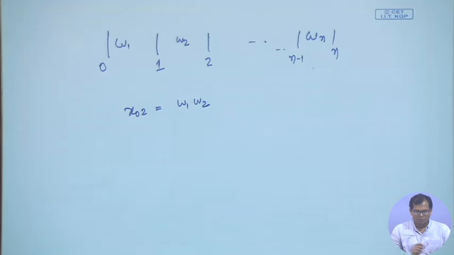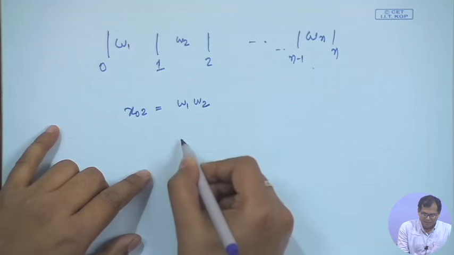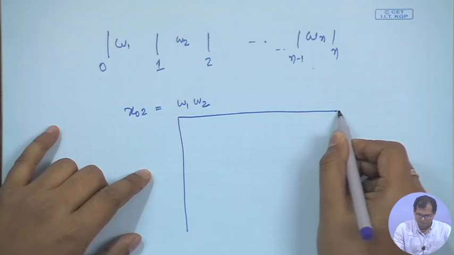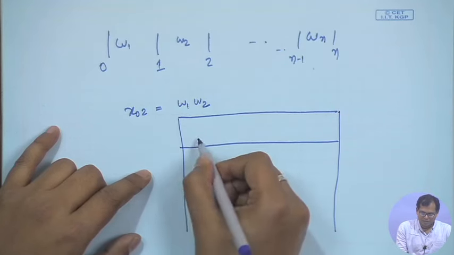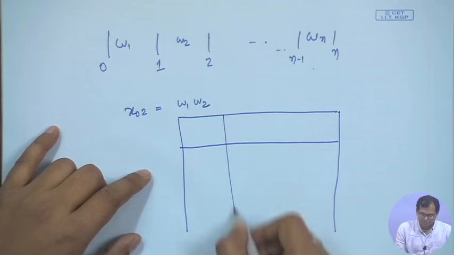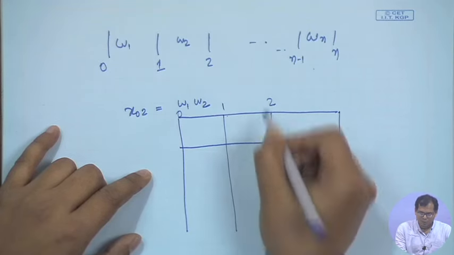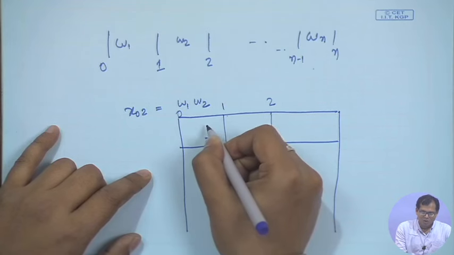So now what you will do, you will build up a table. Okay, and the table will be some sort of triangular table. So this can be 0, 1, 2. So this element will denote x01.